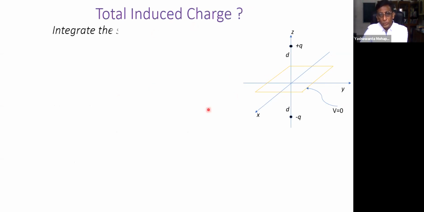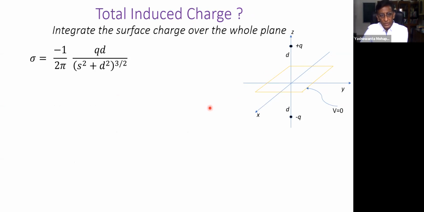So the total induced charge, let's figure it out by integrating the surface charge over the whole plane. Sigma I just found. I have rewritten it in terms of s squared, s being the radial distance in the xy plane. I have replaced x squared plus y squared by s squared because I want to use polar coordinates, which is easy for an infinite plane.